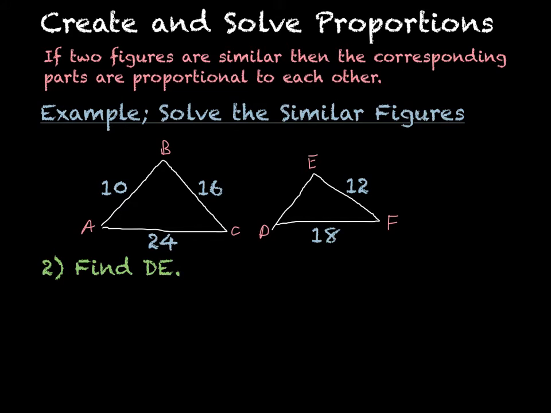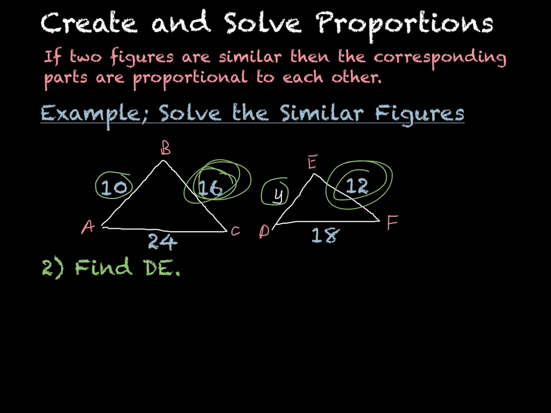For this next one, we want to find DE. We're going to call this Y up here, and we're going to find Y. Again, we need to set up the corresponding parts. So we have the 10 and the Y, and we can use the 16 and the 12.